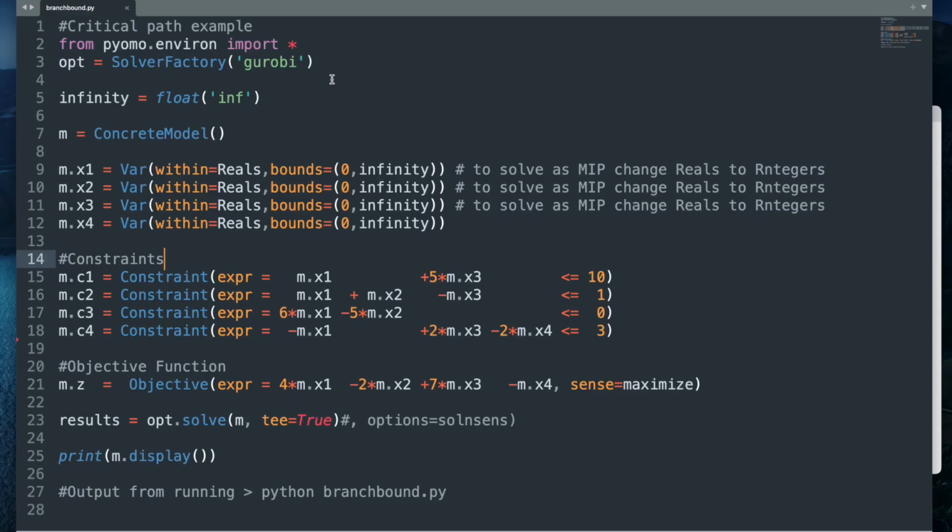Okay, so we are looking at that problem where the objective function is the maximization of 4x1 minus 2x2 plus 7x3 minus x4, and we are subject to those 4 constraints that we just described, right? So this is an LP relaxation of that problem. As you can see here, we have the decision variables represented as reals, so that means that it can have fractional values, right?